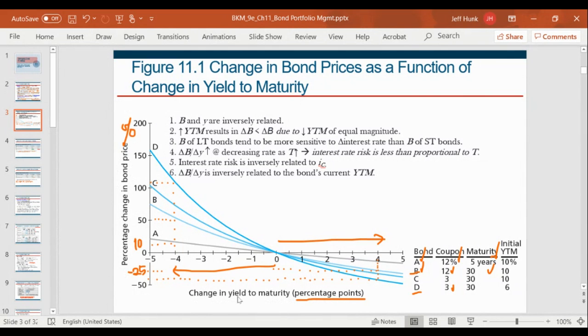Why? Change in yield to maturity is in percentage points, whereas price changes in percentage. You understand the difference between percentage point and percentage, right? Percentage point is between 5% and 10%, right?